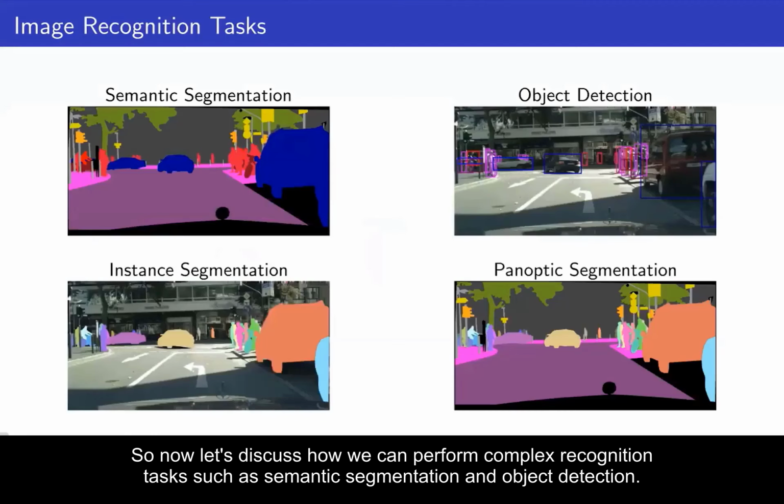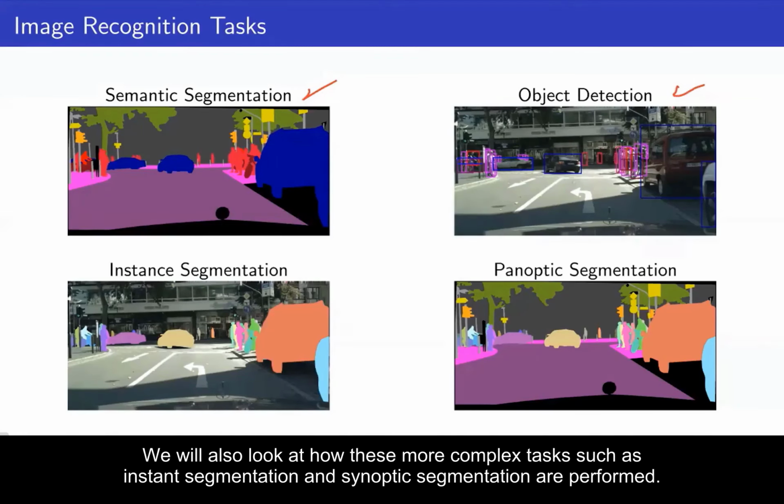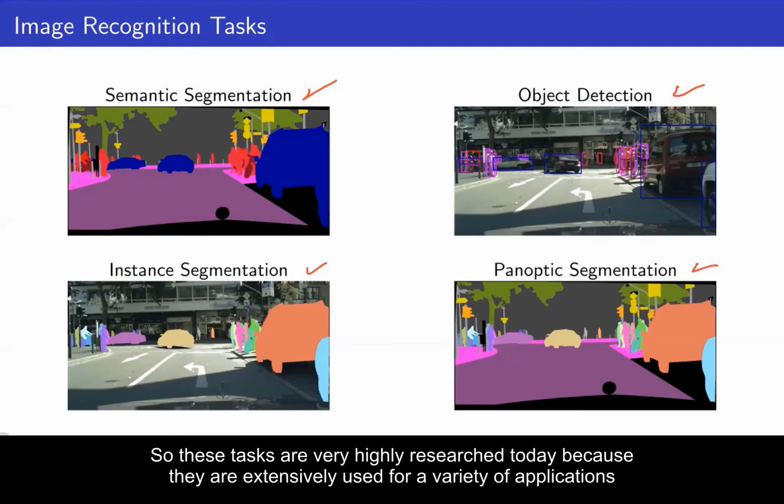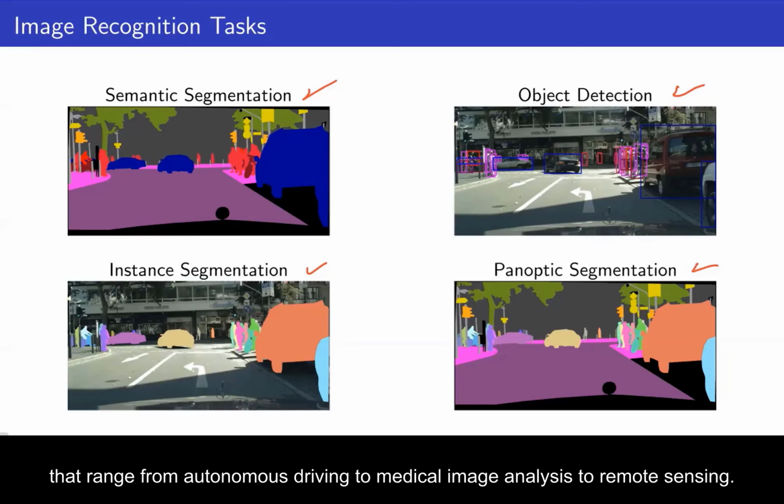So now let's discuss how we can perform complex recognition tasks such as semantic segmentation and object detection. We will also look at how more complex tasks such as instance segmentation and panoptic segmentation are performed. And we want to do all of these using convolutional neural networks. These tasks are very highly researched today because they are extensively used for a variety of applications that range from autonomous driving to medical image analysis to remote sensing.